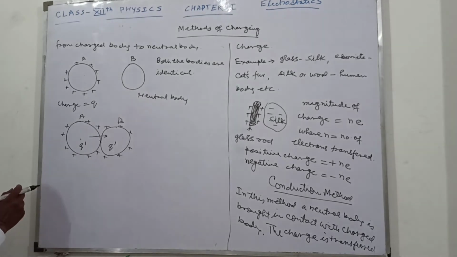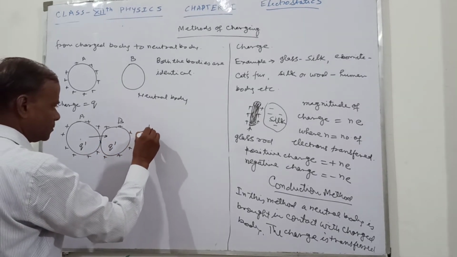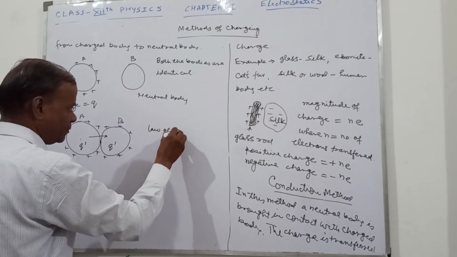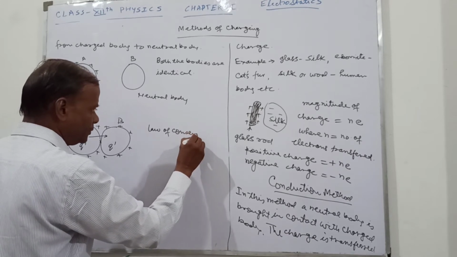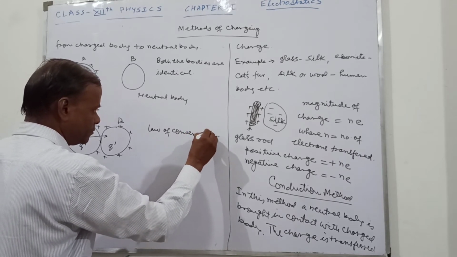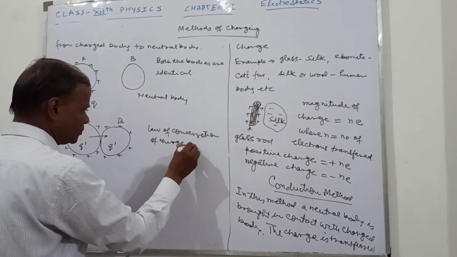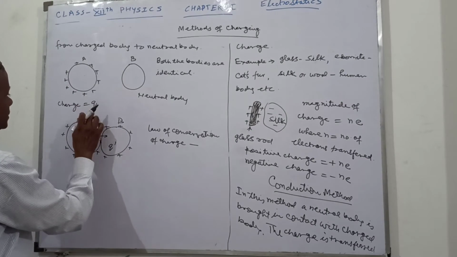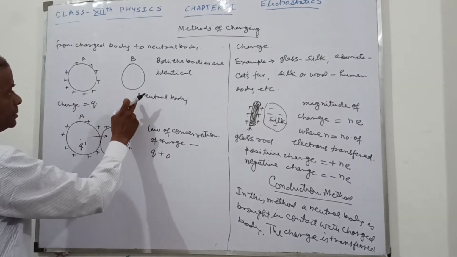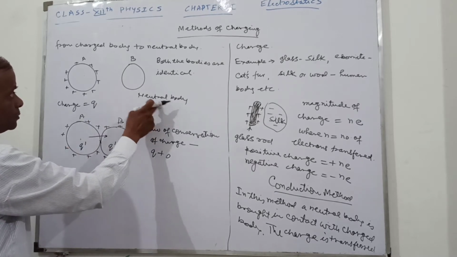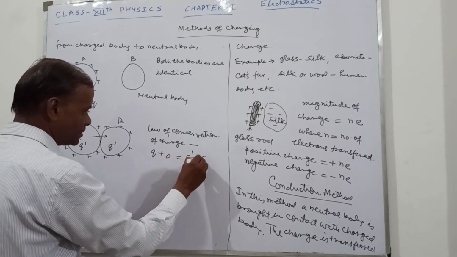If we apply the law of conservation of charge, the initial charge is Q plus 0, because there is no charge on the neutral body, and after contact the charges are Q dash plus Q dash.